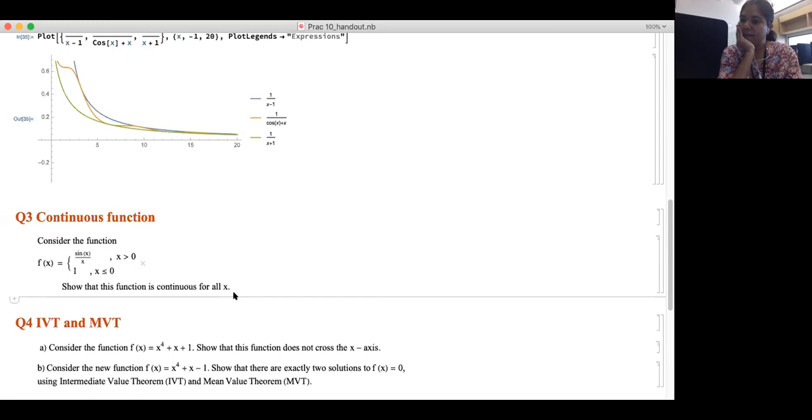Converge to the same value at that point. Okay, what's the difference between continuous at a point and continuous within an interval?